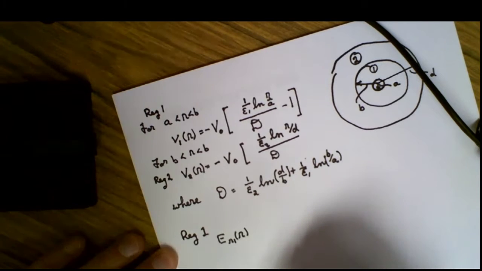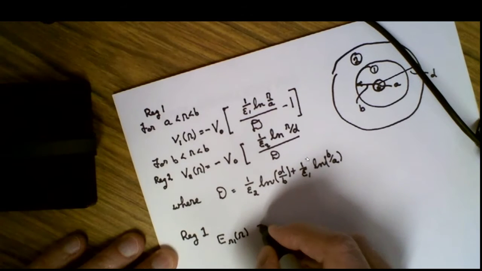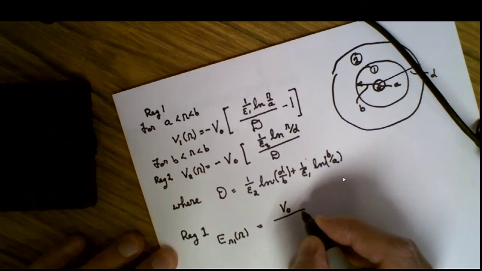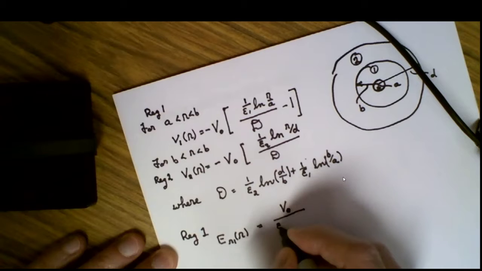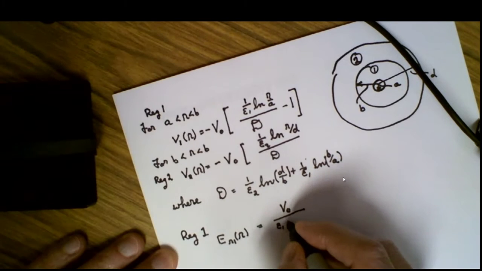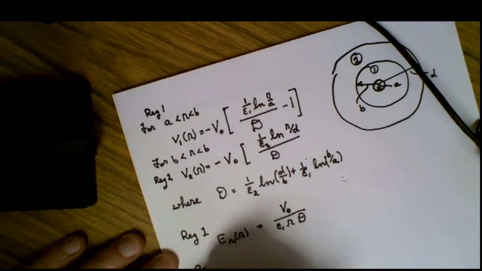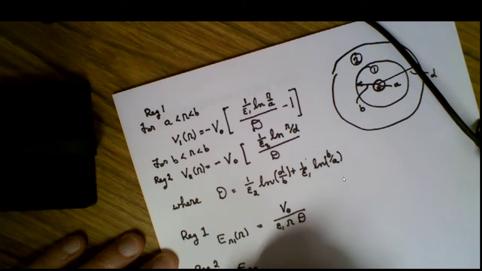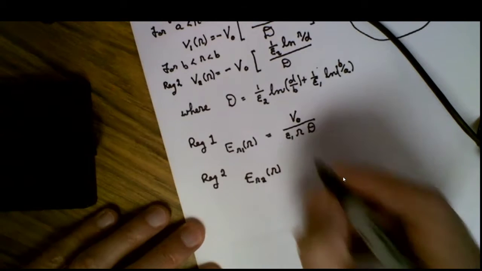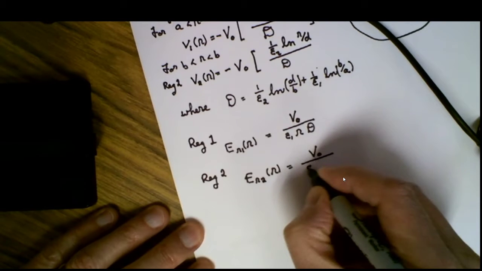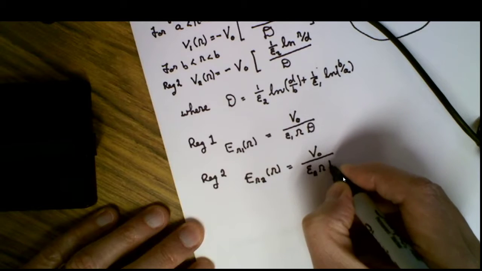We'll call that E sub R1, and that's equal to the potential V naught, so it'll be the potential of our source, divided by the permittivity epsilon 1 times R times script D. And in region number 2, the electric field E sub R2, function of radius R, is equal to the potential V naught over the permittivity epsilon 2 times R script D term.